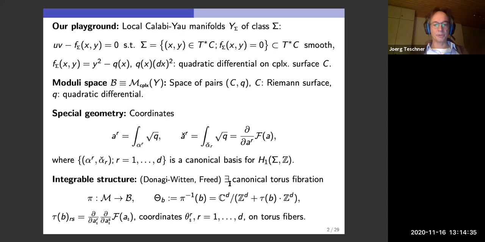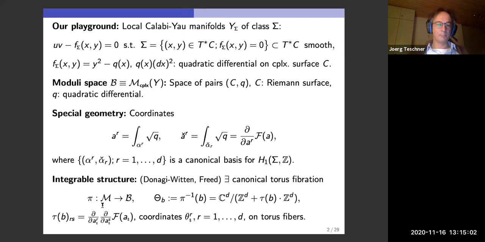I don't want to remind this, but I want to remind that it is important for us that we have a kind of canonical enhancement of this, which comes with the geometric structures of B, the base. So we can make it a torus fibration, where over each point of the base we put a torus fiber, which is concretely determined by the geometric structures on the base.